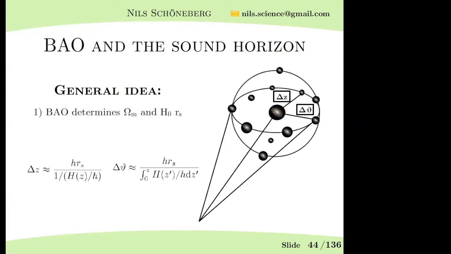Though I should be slightly more careful here. It's not actually the sound horizon which goes here, but the drag horizon, which is at slightly lower redshift. And thus, if you have a very fancy cosmology, you could actually start to disentangle the BAO from the CMB sound horizon. So you would have the drag horizon for the BAO and the sound horizon for the CMB.